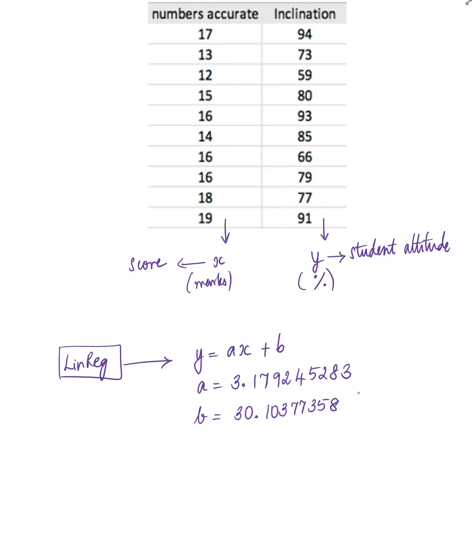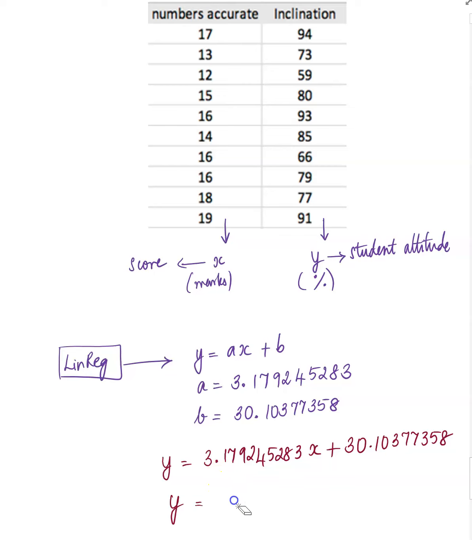Now, the equation is given to be Y equals AX plus B, and they gave A and the B separately. But it's because A and B are really long numbers. They wanted to keep them separately. So our job is to put all these together and write it as Y equals 3.17924523 X plus B is 30.10377358. Sometimes they like to put the constant first and then the X term, and they would even round it for you.